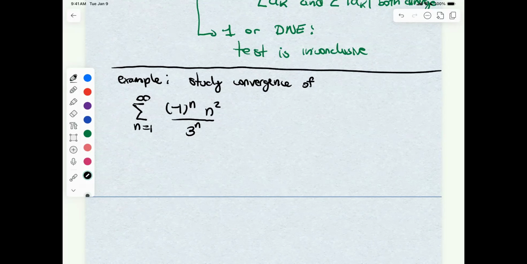So this is a case where, say, the ratio test would have worked, but also the root test would work.